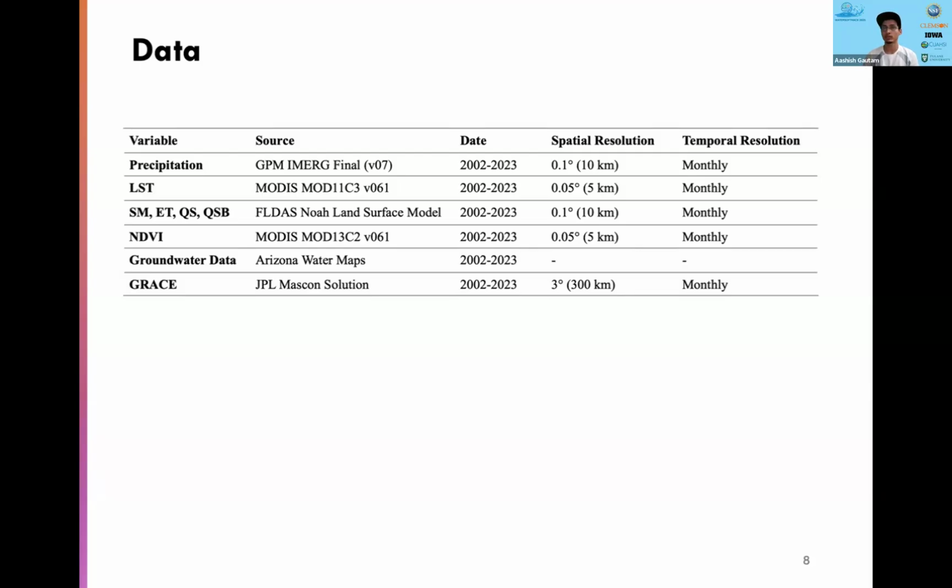We took precipitation, land surface temperature, soil moisture, evapotranspiration, surface runoff, subsurface runoff, and NDVI from various sources, and their spatial resolutions are very fine with respect to GRACE, which is of 3 degree resolution, equal to almost 300 kilometer. All the data have been temporally transferred to a monthly scale.